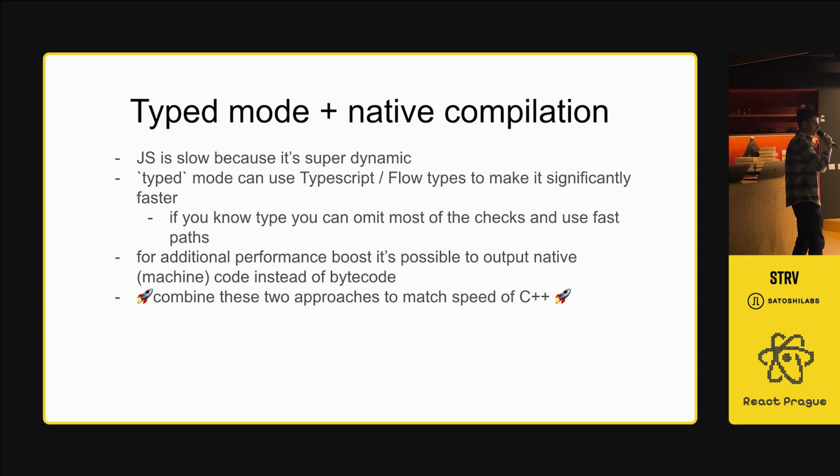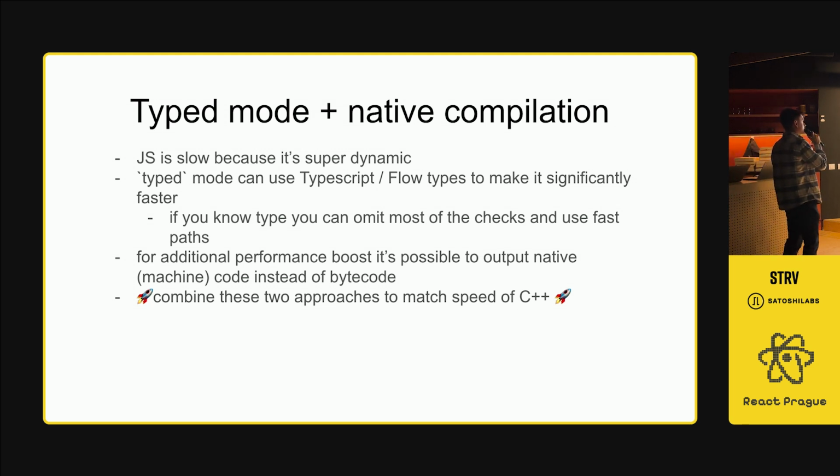Type mode tries to utilize that we write our code in TypeScript anyway, while in plain JavaScript we don't know in advance if a value will be a number or a string. So if you know the type beforehand at build time, you can omit most of the checks and just go with the fast part.